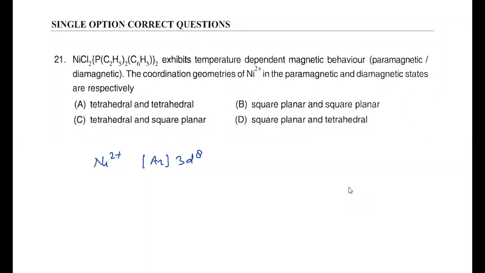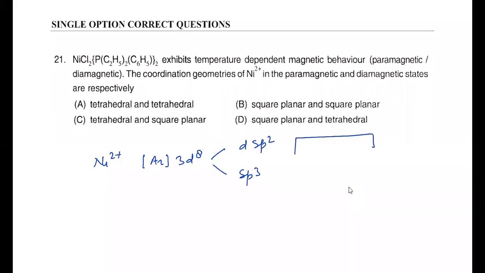So there are two possibilities, whether the electrons are paired or not paired. In one case when it is paired electron, then hybridization possible is dsp2, and when unpaired electrons will be available, it will be sp3.